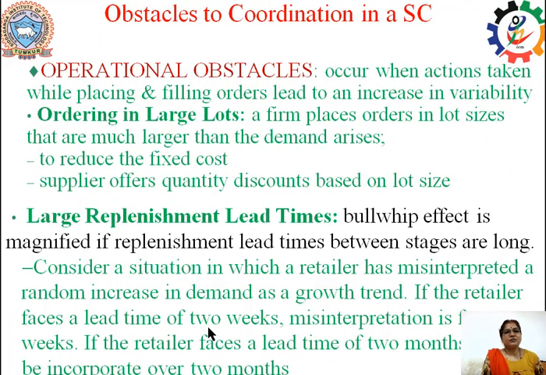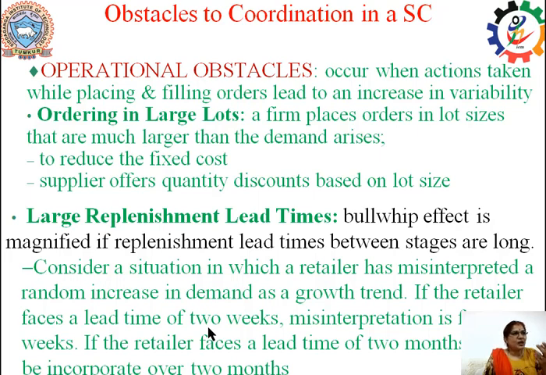How about the second one, operational obstacles? These occur during placing and filling the orders. While ordering, when the retailer orders with the manufacturer, he simply increases the lot sizes. There are reasons for that. One is that whenever an order is placed, there is an associated fixed cost. This fixed cost reduces as the order quantity increases.